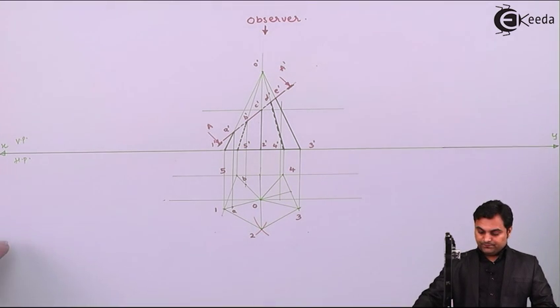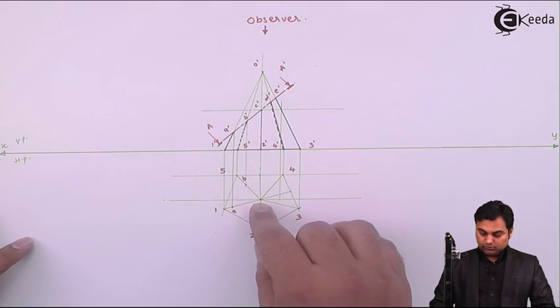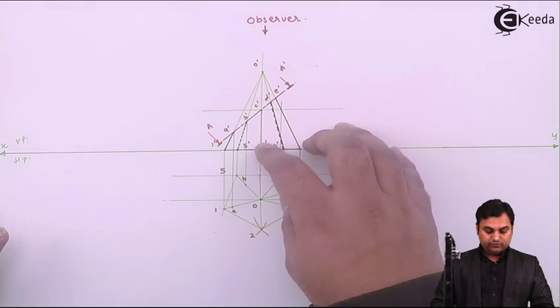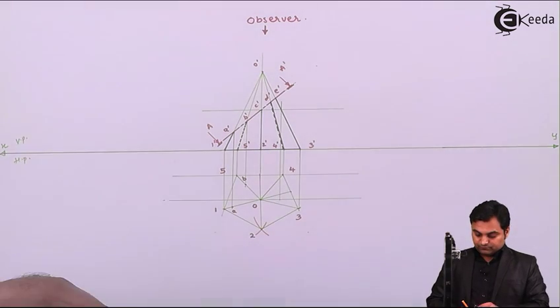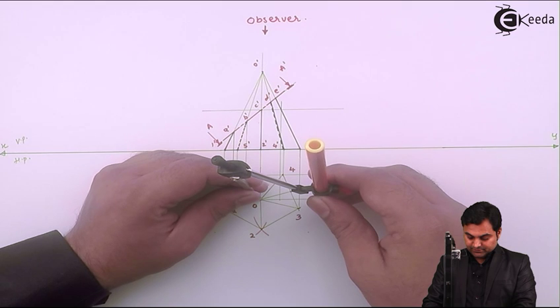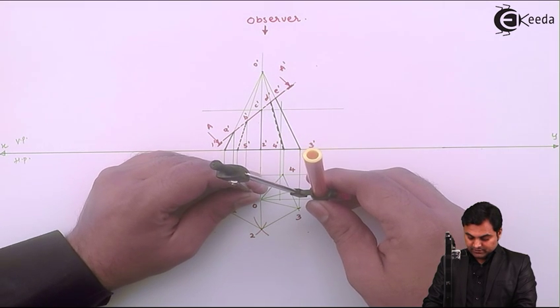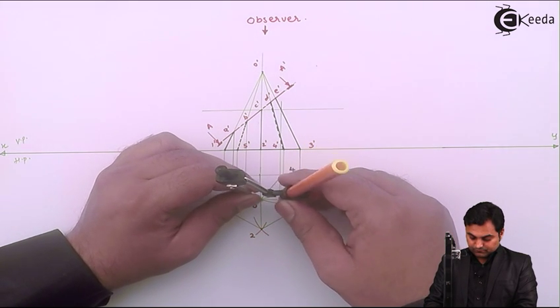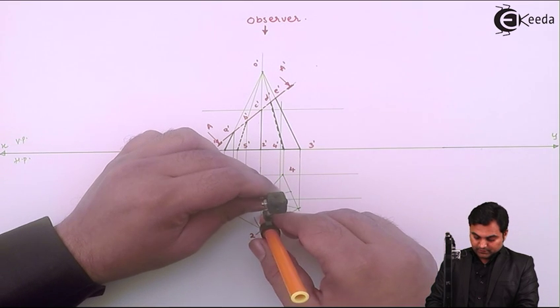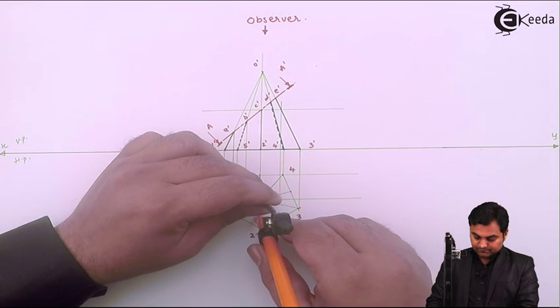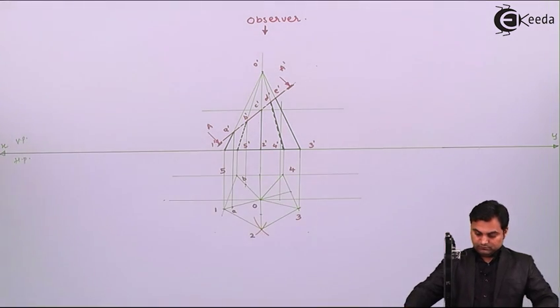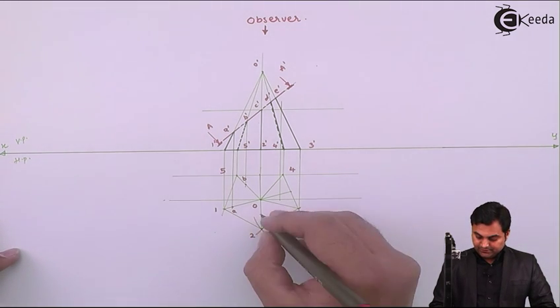Now here C dash is on O22 because it is cutting O dash 2 dash. Measuring this distance in the compass from the apex point O up to here and marking it on O22, here I am getting point C.